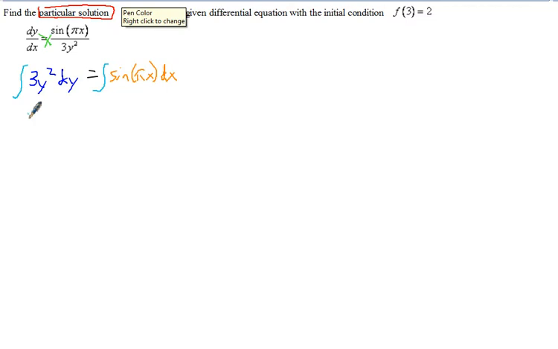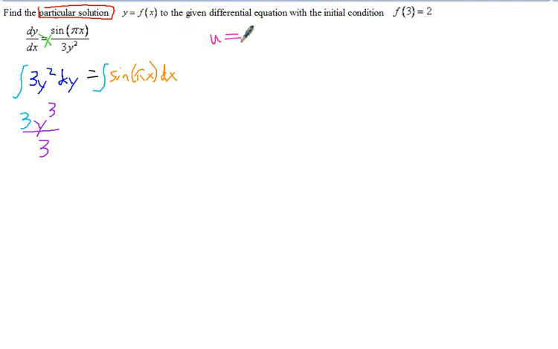The 3 just stays out in front. And we integrate y squared, you get y cubed over 3. But notice on the right side, we can't quite integrate yet because it's not just x inside the function. Sometimes you have to use u substitution on these separation of variables problems.